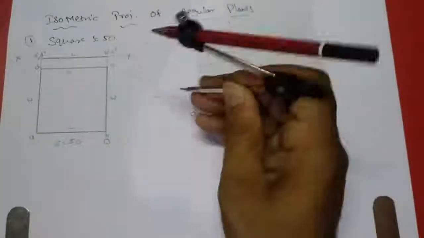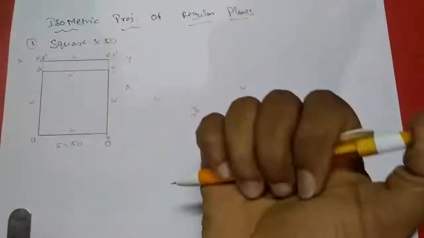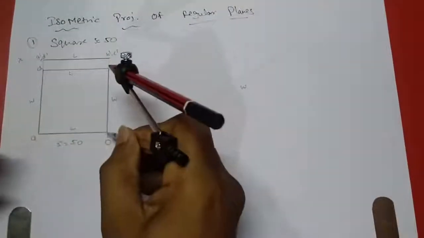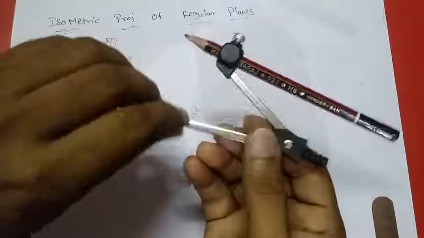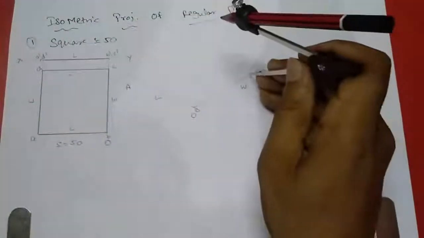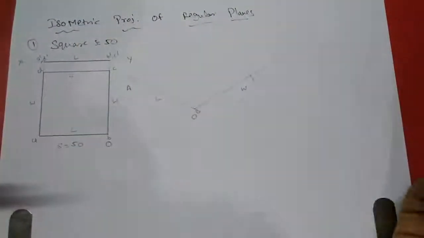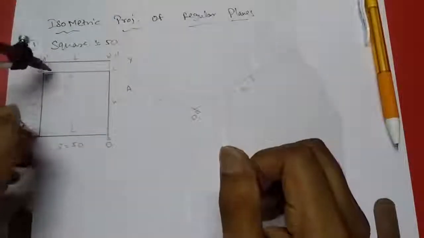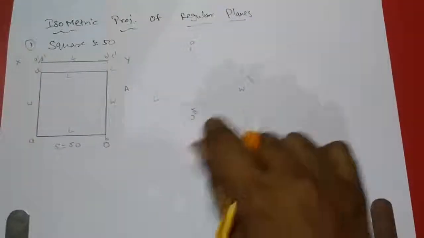So I have taken 50 from here, that is A, and from B I can measure C. From C I can measure D. So from A I can measure D. This point is D. Now can I join this A, B, C, D?